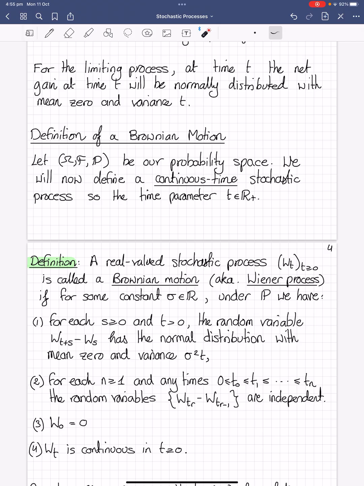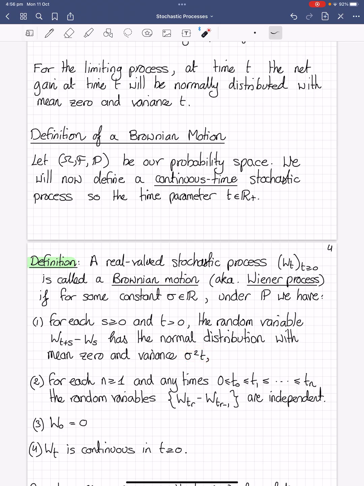The 4 properties are as follows. 1: for s and t, the random variable given by the increment W_{t+s} minus W_s has a normal distribution with mean 0 and variance sigma squared t.